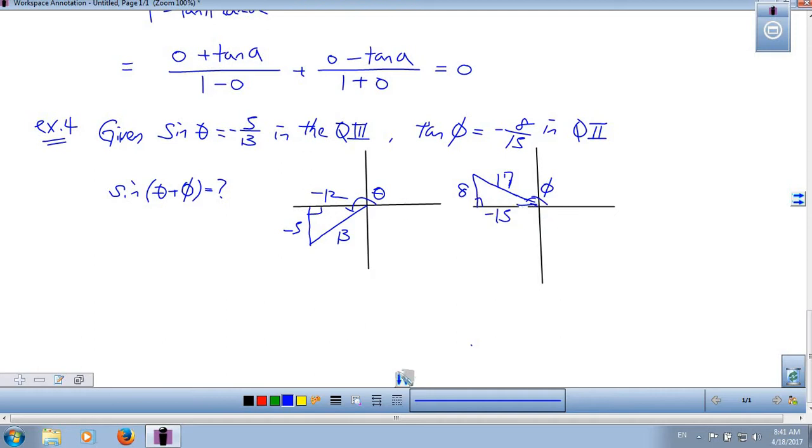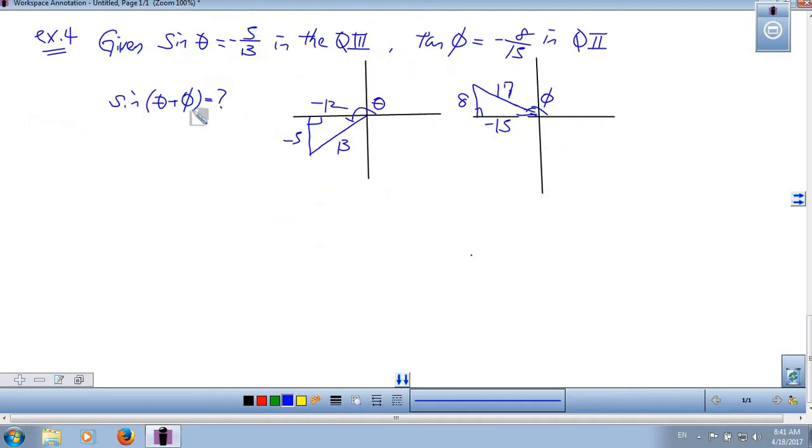Now we know everything about those two angles. We can answer the question, what is the sine of theta plus phi? Sine of theta plus phi is sine theta times cosine phi plus cosine theta times sine phi. So we need information from both angles.